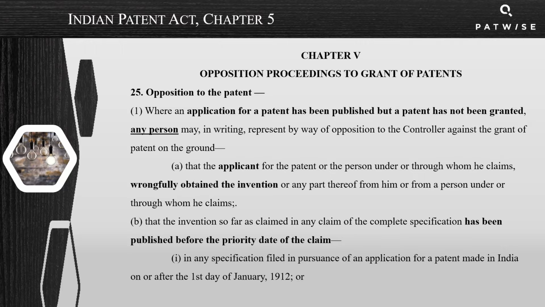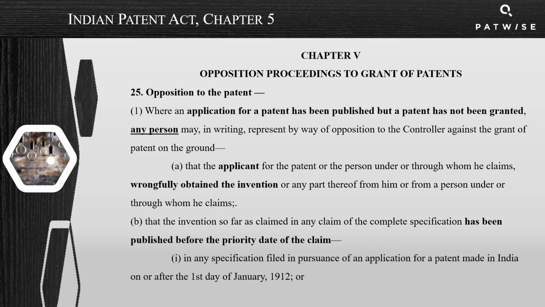Looking at 25(1) in this slide, where an application for a patent has been published but a patent has not been granted, any person can file a pre-grant opposition in writing, according to the prescribed formats, giving all the statements and facts. There are certain grounds upon which a pre-grant opposition has to be filed. So it's not that I don't like the inventor and I can file. What grounds, what facts am I going to give to the examiner to say that this particular patent should not be granted?